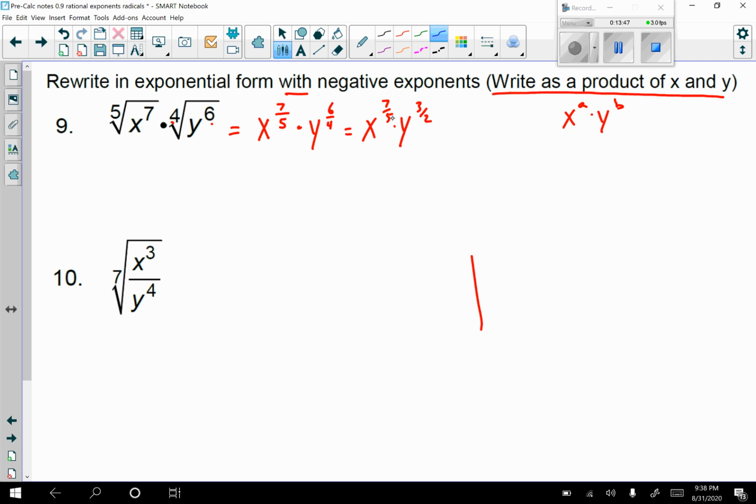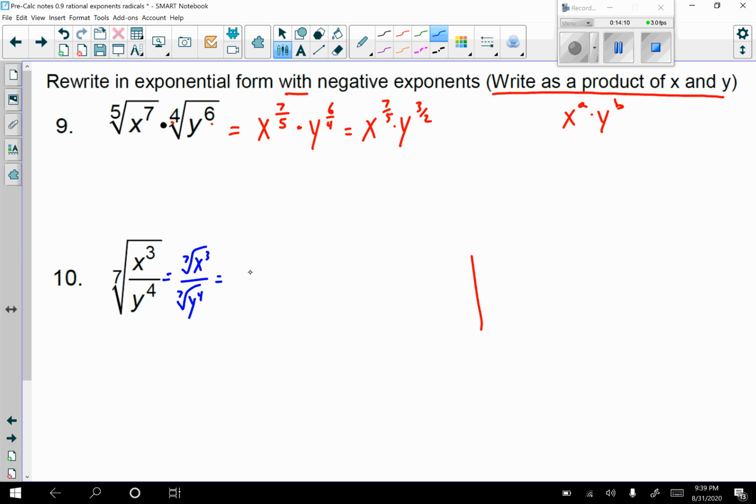Number 10, almost the same thing, except we have division. Now one thing on this, we have a 7th root over everything. Remember, this 7th root is a power. And when a power is over a fraction, it gets applied to both. So this really is the 7th root of x cubed over the 7th root of y to the 4th. So you can split apart that radical, 2 parts.